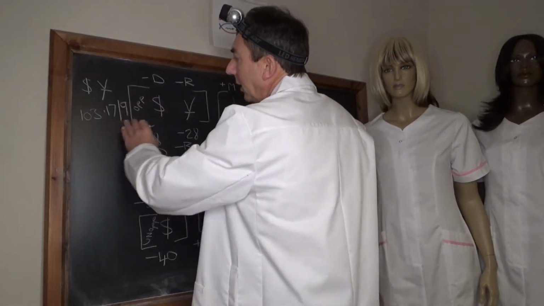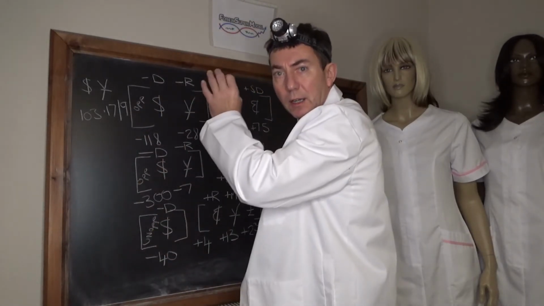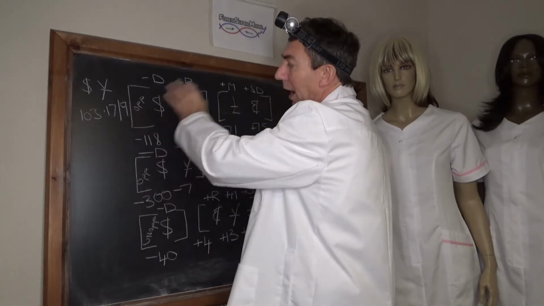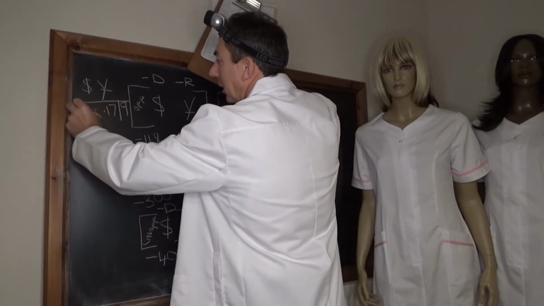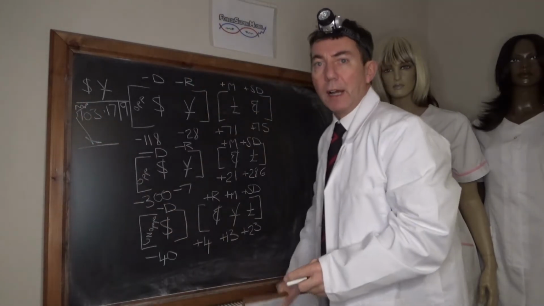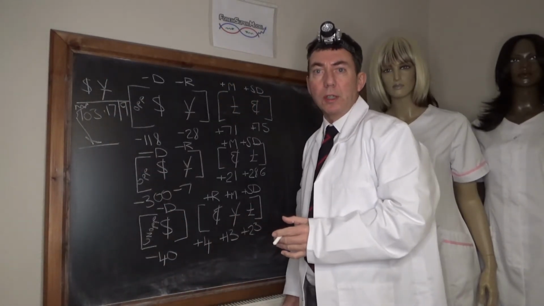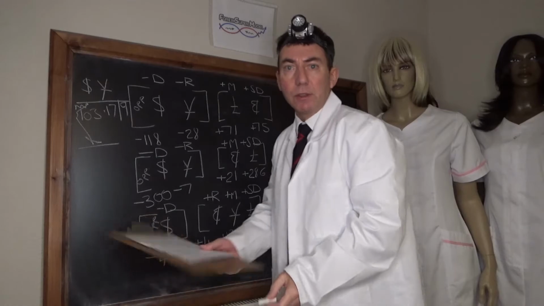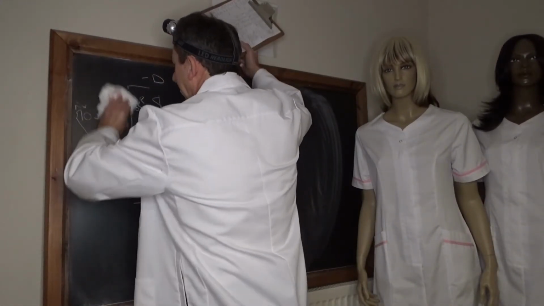So the likelihood is that we may well touch this low and give a false break down below here. So we're likely to mess about and touch and then go down, and then they're hoping that people are going to pile in short dollar yen. Very bad idea. It's a bad idea in our opinion.